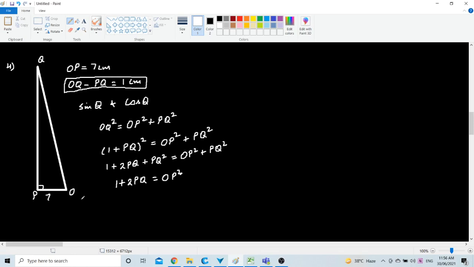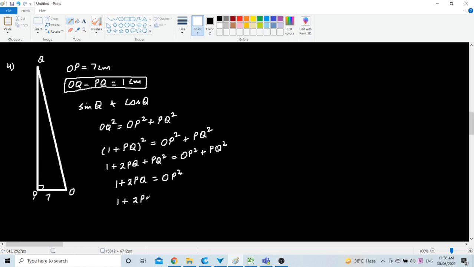So we can say that 1 plus 2PQ is 49. Or in other words, 2PQ will be equal to 48. So PQ will be equal to 24. Now we have PQ equal to 24.